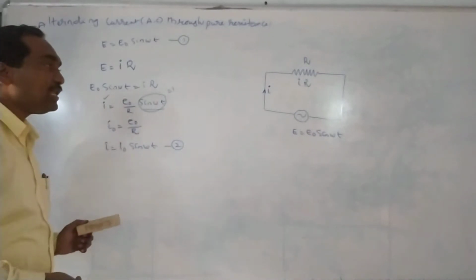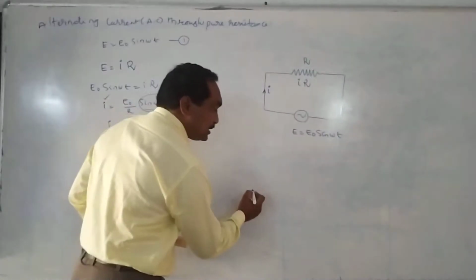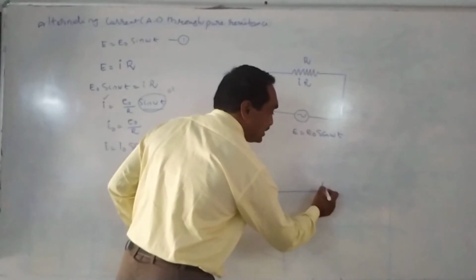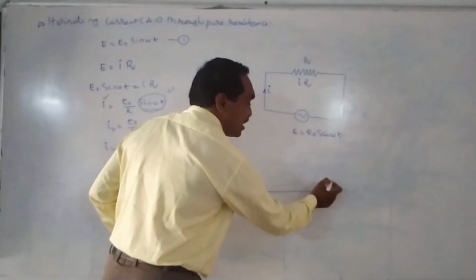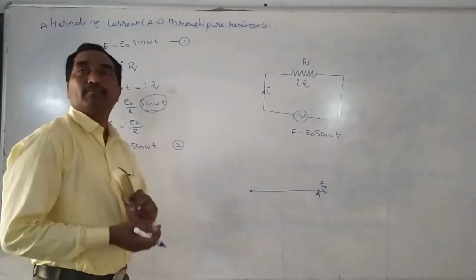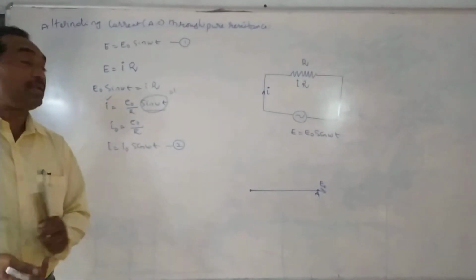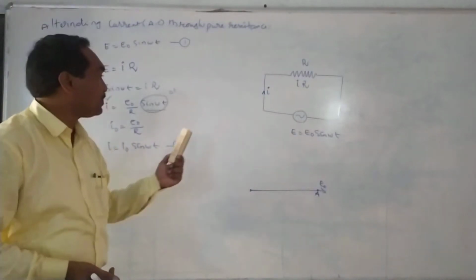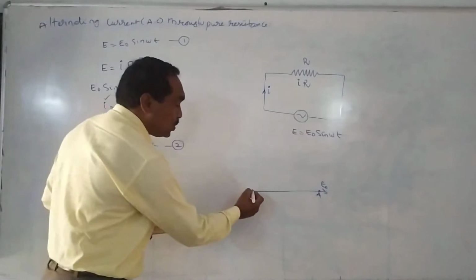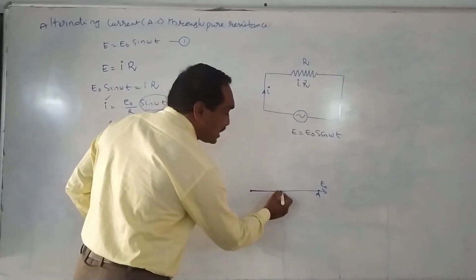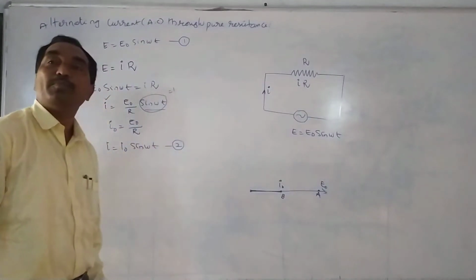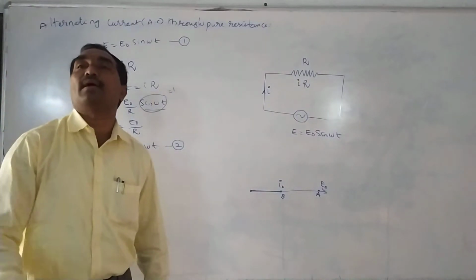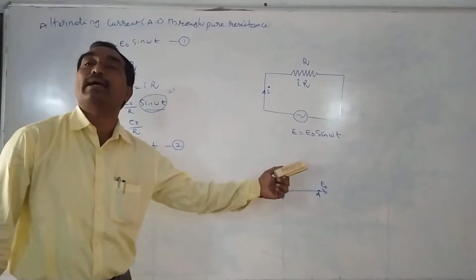Vectorially, we can denote the EMF along the x-axis as OA, and the current is also in the same direction because it is in phase. OB represents the current I naught. So OA and OB are the vector notation of the alternating voltage and alternating current.